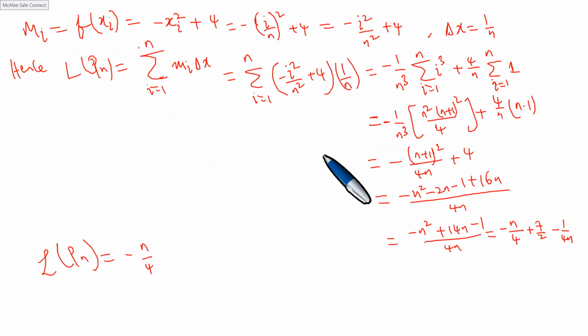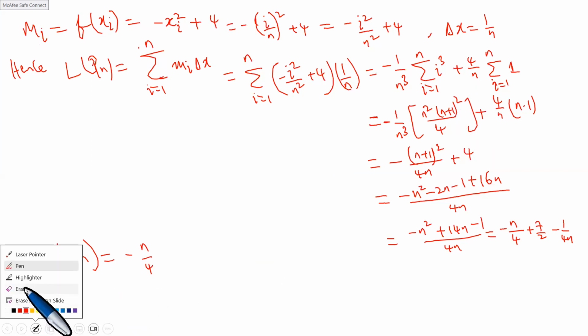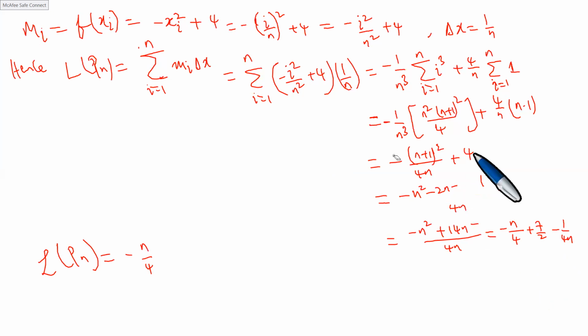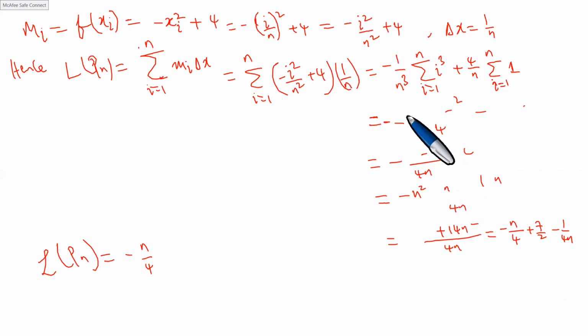Let me see what I did. What is the sum of the cubes? Here's the mistake I made. This one should be i squared, not cubed. I need to change this. You can see that something is not balancing here. I'm going to make a change, because this sum is going to be unbounded.